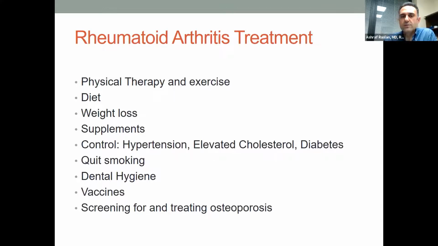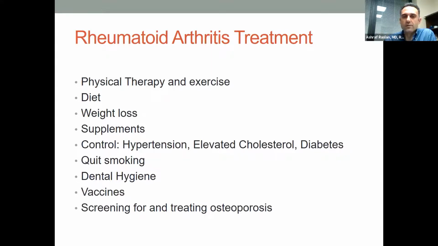So exercise is safe, and usually I'd like my patients to combine some endurance exercise, like walking, cycling or swimming, with some strength exercise, like doing some weight exercises with light weights a few times a week, or going to the gym. And also some range of motion and stretching exercises.